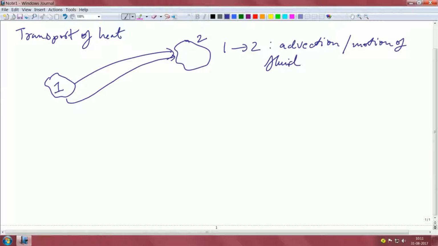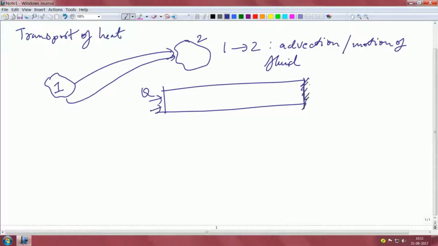Now if this was conduction, this would have been a rod, say you apply heat to one end of the rod, and you put your palm or some kind of a sensor on this side, and you will feel the heat after some time. So that would be conduction through the medium, without this kind of a motion that you see over there.